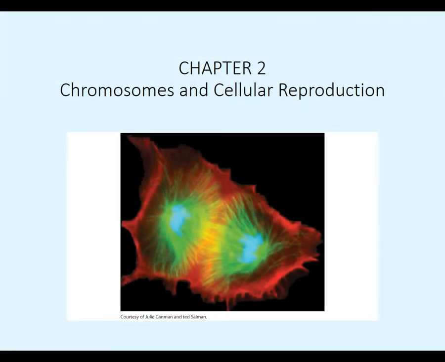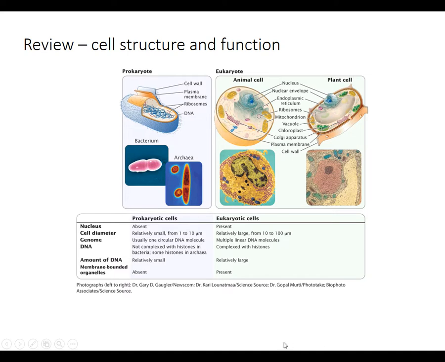Chapter 2, Chromosomes and Cellular Reproduction, including mitosis and meiosis. It's expected that you still remember something about cell structure and function, in terms of the basic structures and basic features of a prokaryotic cell, as shown on this slide.